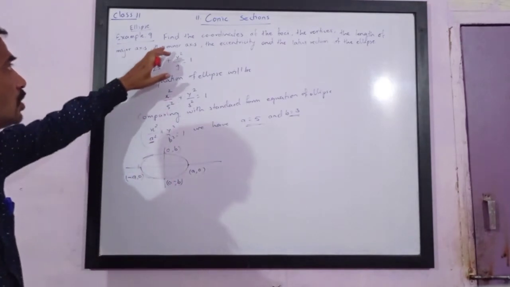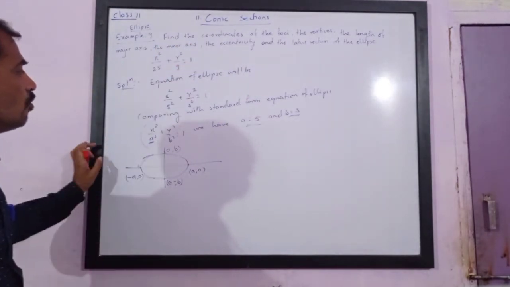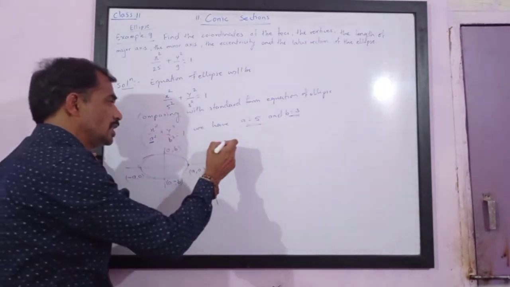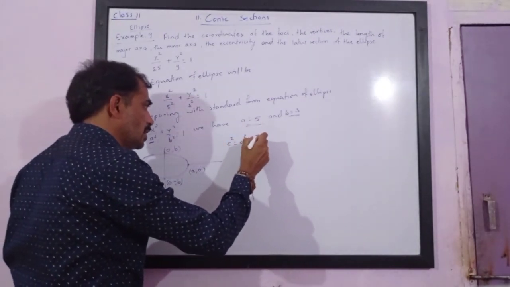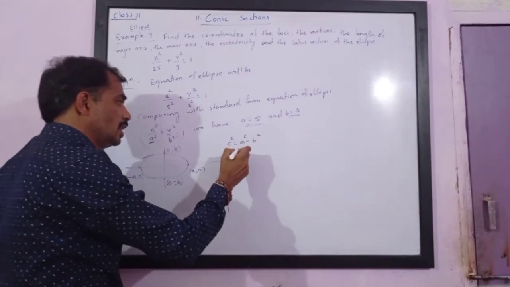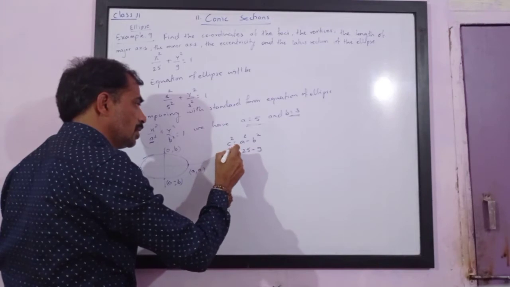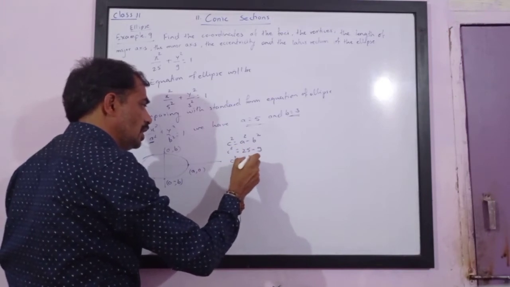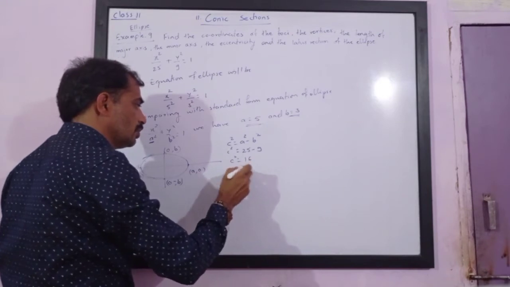Now we are asked to find the coordinates of the foci. So c square is equal to a square minus b square. It means this is equal to 25 minus 9. So c square is equal to 16. It means c is equal to plus or minus 4.